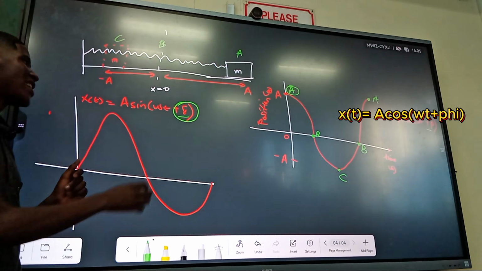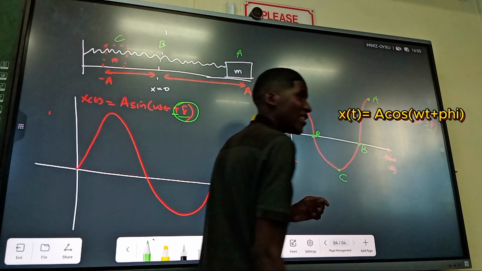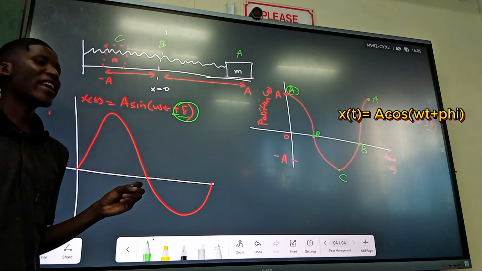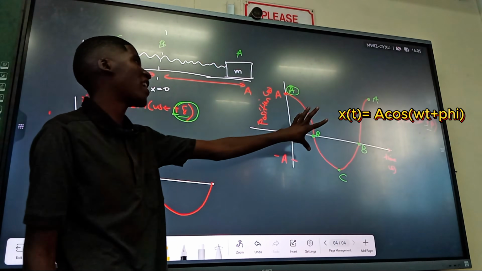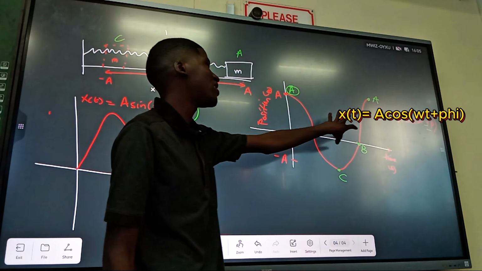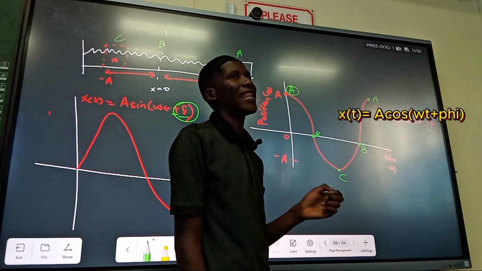Remember, we'll say here this can be plus or minus, meaning that you can shift it to the left or you can shift it to the right. So we say your graph is shifted to the left or your graph is shifted to the right. Like with sine and cosine graphs, you can shift it to the left or to the right by a certain angle.